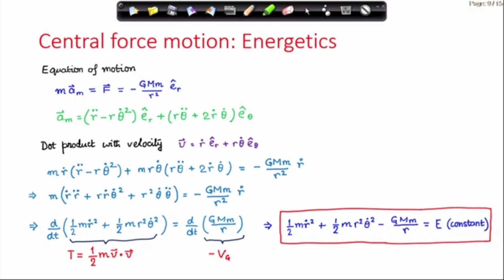It happens to be a constant because d dt of this quantity is 0. So, this quantity itself must be constant, and that is the total mechanical energy. These things we have discussed in the work energy relations.